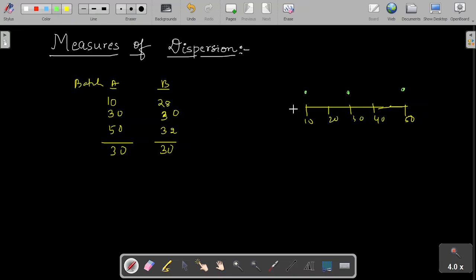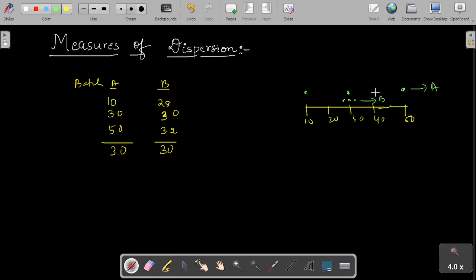In the second case, 28 is the first data point somewhere over here, then 30, then 32. Look at the two sets of data now. This is batch A and this is batch B. How is the data scattered with respect to this center value, that is, 30 the mean? With respect to the mean, in the second set the data points are very close to each other, whereas the spread among the data points is more in the first set of data.